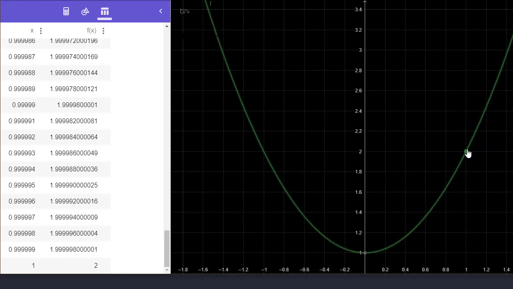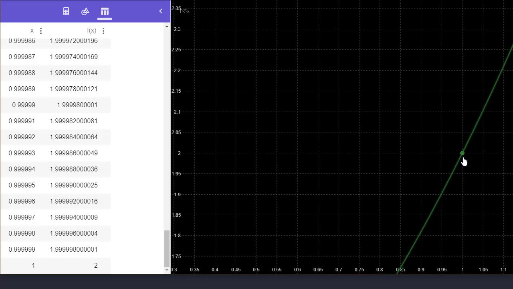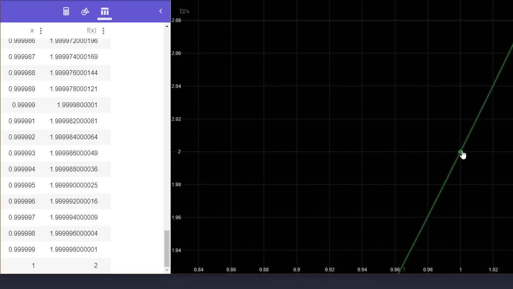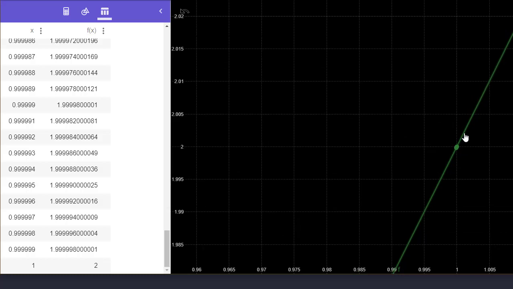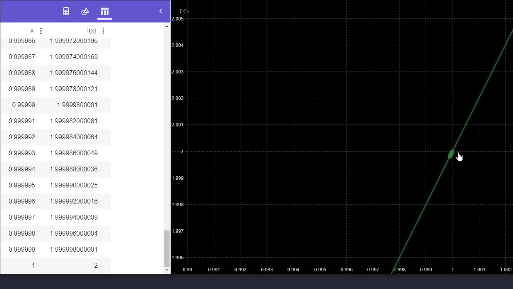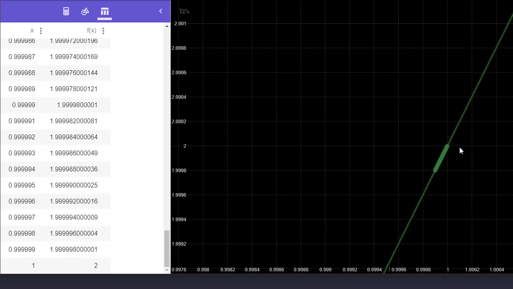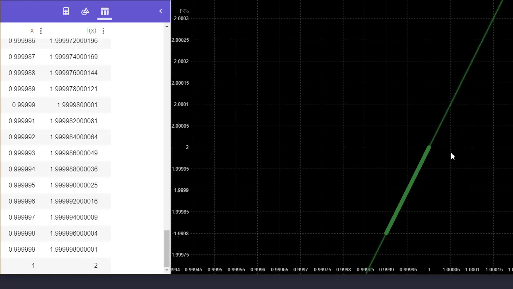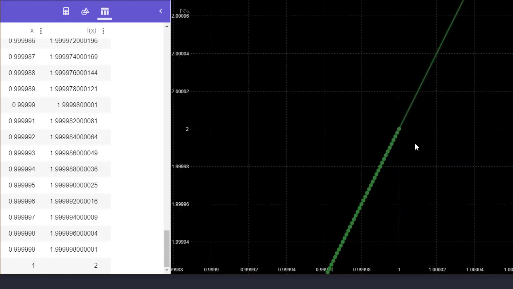And you'll notice here that a graph has shown up, and this is actually the graph of all these values. It just looks like a point until we zoom in real close.